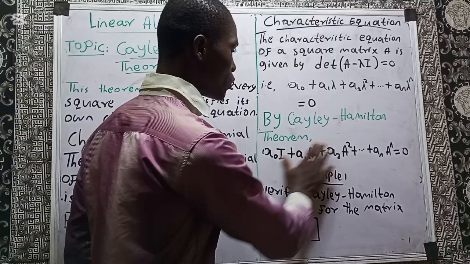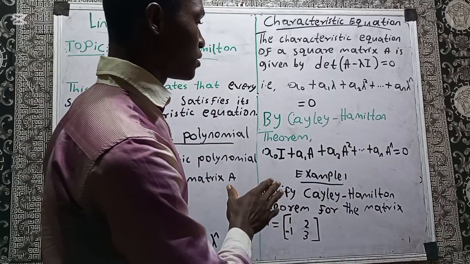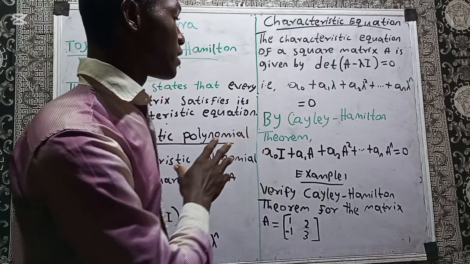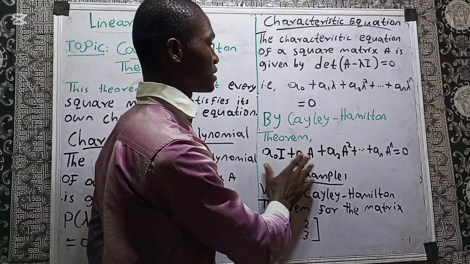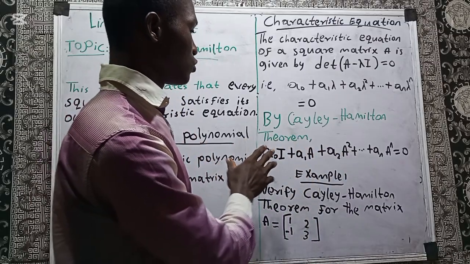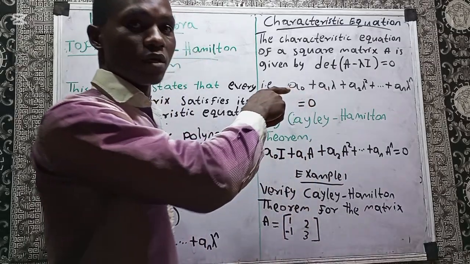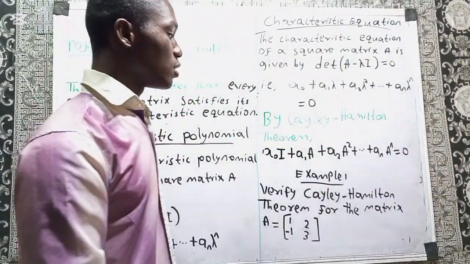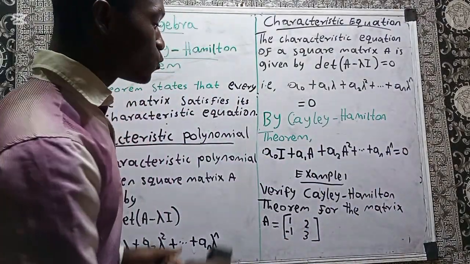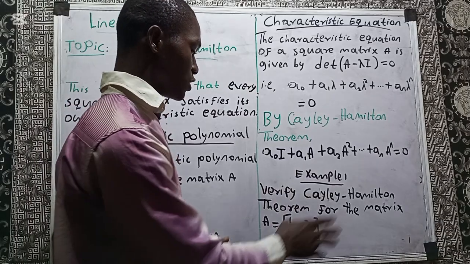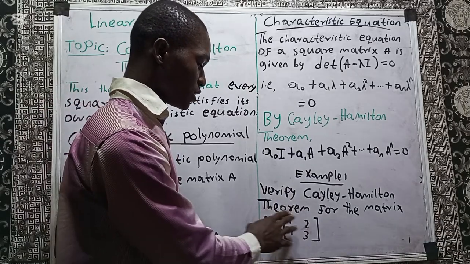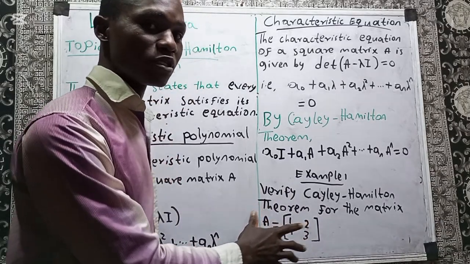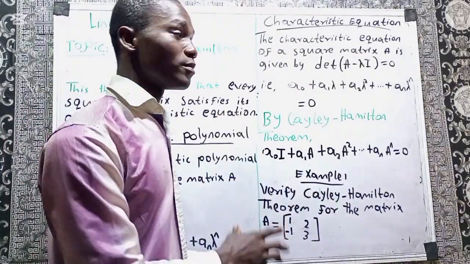So by the Cayley Hamilton theorem, this equation will be satisfied as long as you plug the matrix A into the characteristic equation. With that, let's quickly verify the Cayley Hamilton theorem for this matrix A, which is a 2 by 2 square matrix.